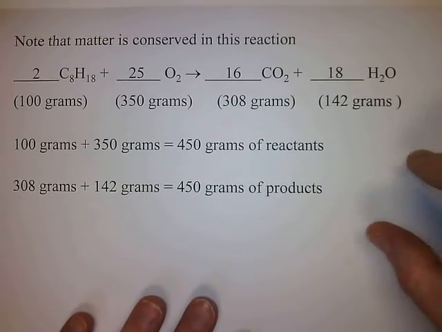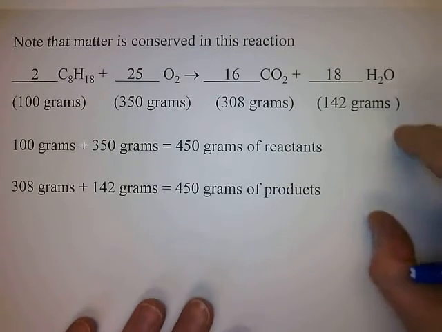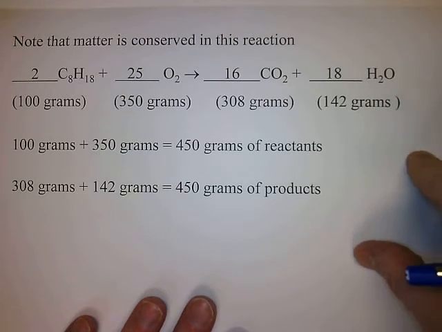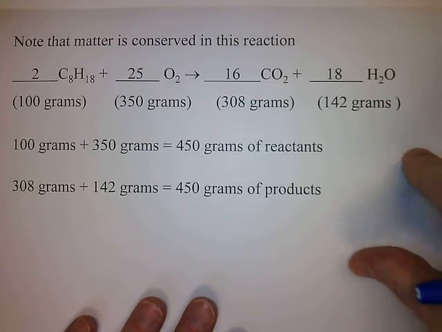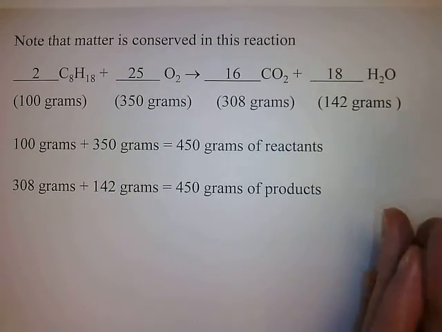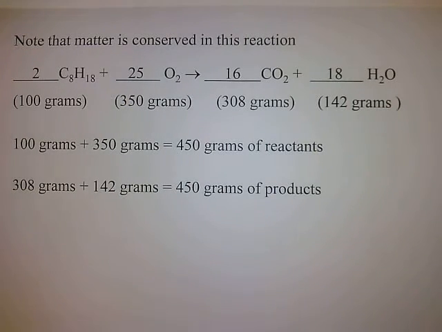This serves to illustrate an important point that, like we said, matter is conserved in a chemical reaction. You have the same number and the same type of atoms when you finish as what you started with. All chemical reactions do is rearrange the atoms that are already present.